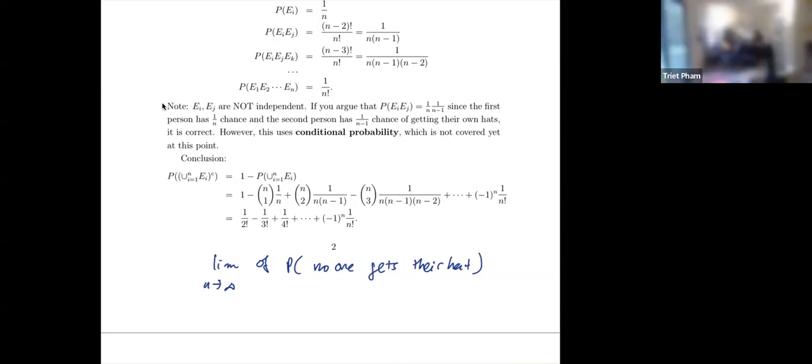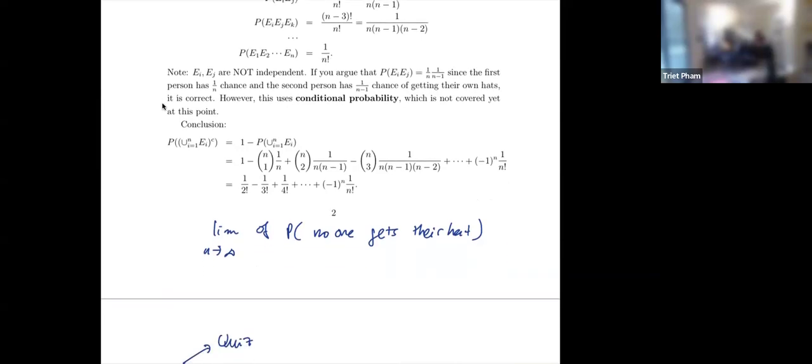Euler's constant, I'm not sure, but this is actually connected to the expression, let's say e to the x. What's e to the x? 1 plus x plus x squared over 2 factorial plus x cubed over 3 factorial, and so on and so forth.